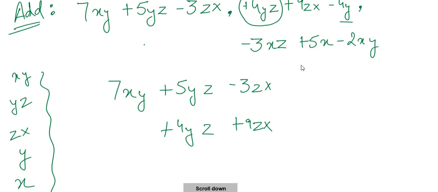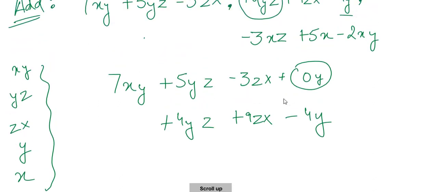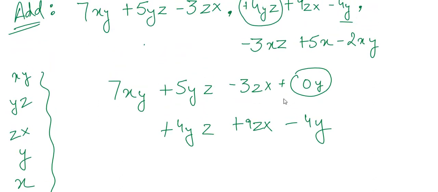So I am not having any y terms here. So can I just write plus 0y? I can also write. So I would be putting my 4y just below my y term. Okay. So this is how my multiplication works. Where if I don't have another similar term, I would create one by multiplying it with 0. Since 0 times something would always give me 0 itself. Okay. So seems clear until now?